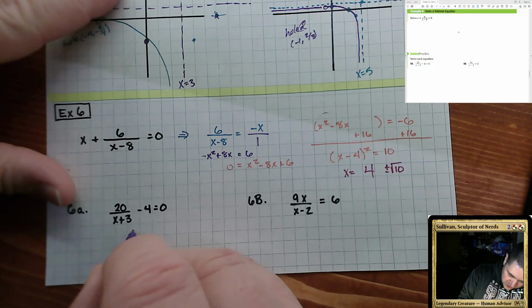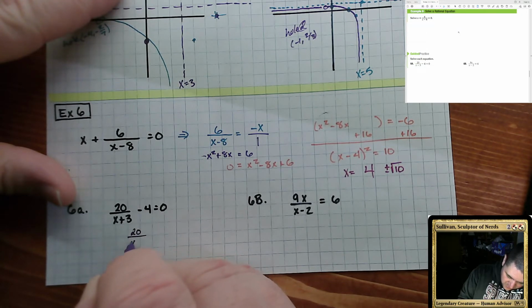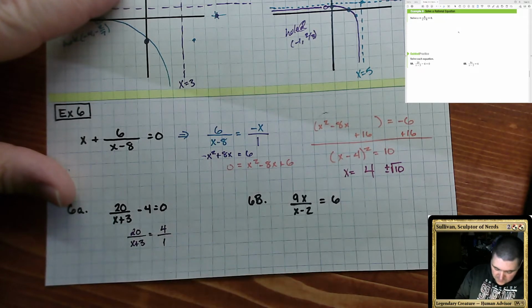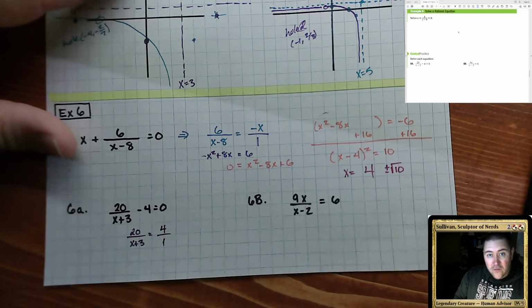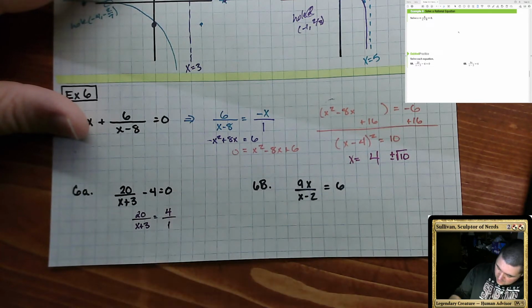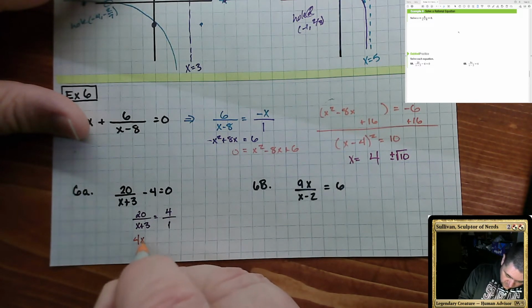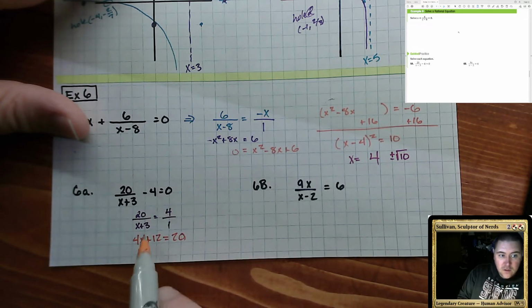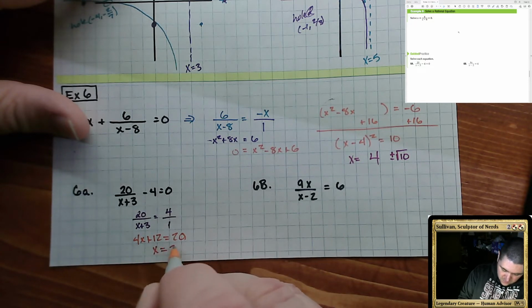Okay, here we should have 20 over x plus 3 is 4. This one's way easier because you don't even end up with a quadratic. When I cross multiply, I'm going to get 4x plus 12 is 20. Subtract 12 is 8, divide by 4, x is 2.